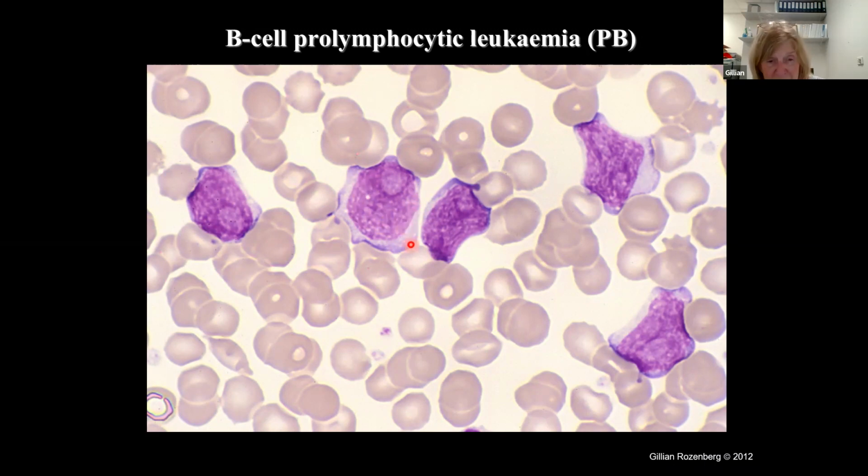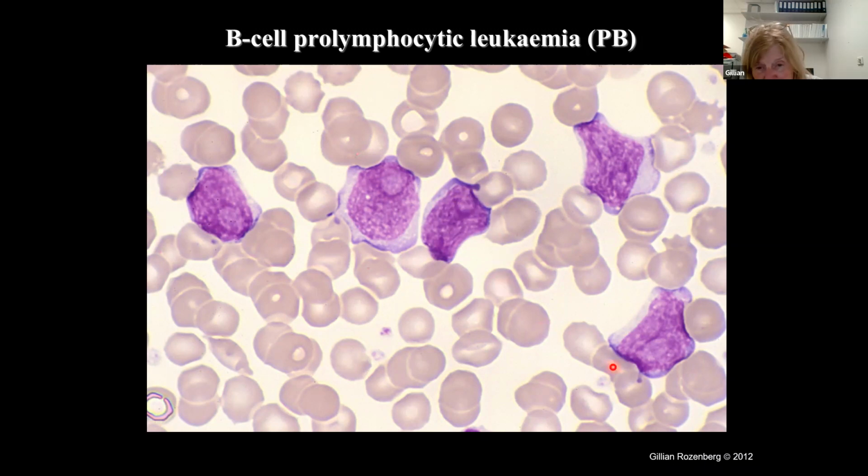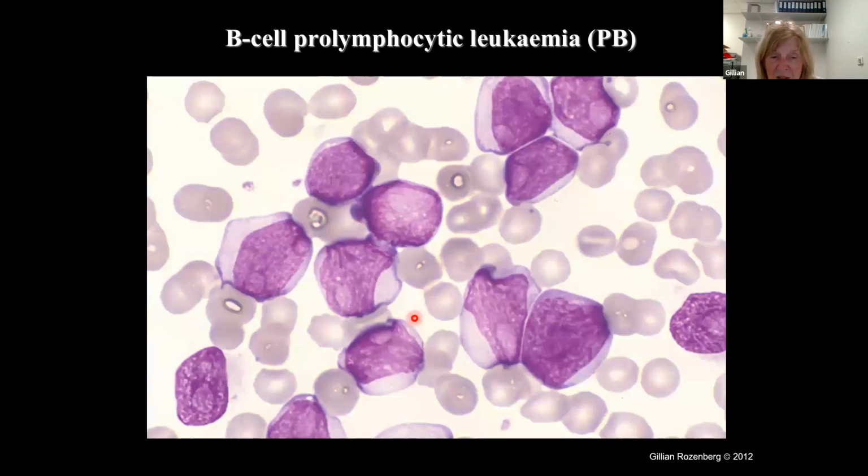It is not a blast because the NC ratio is much too low. The NC ratio in a blast is very high, as you saw. So that's a classical prolymphocyte. This is another one here. There's a bit of a nucleolus here, which is not so obvious, but here, it's a really clear nucleolus, here, and here.